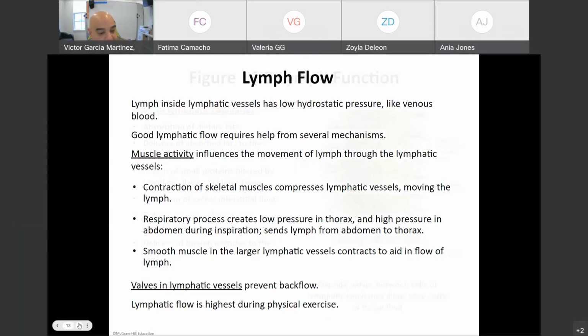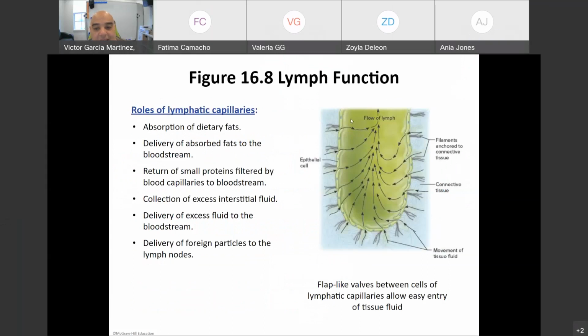Let's see. What else do we have here? Another function, guys, I already told you. It's the absorption of fats or fatty acids or lipids. Remember, we can absorb carbohydrates, glucose, and amino acids directly into the cardiovascular system.